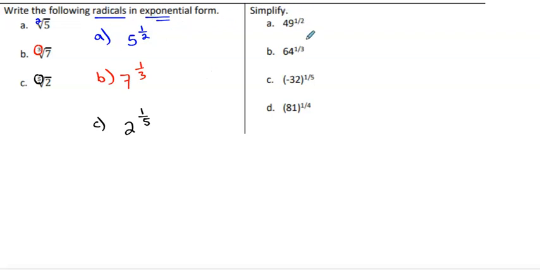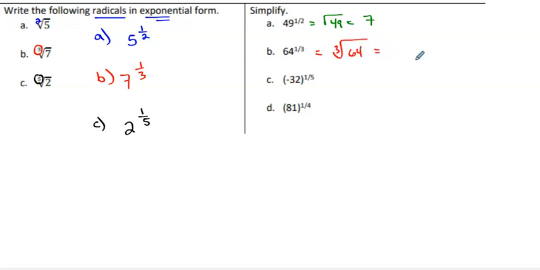Then we have simplify, part C. Well, 49 to the 1/2 power is simply the square root of 49, which is 7. And then this one is the cube root of 64.